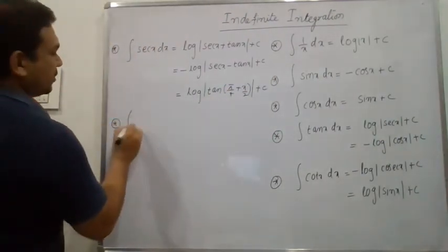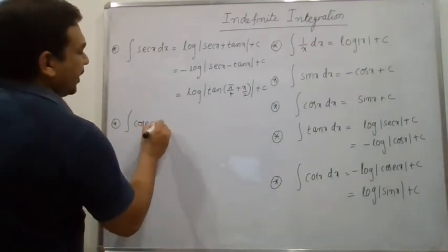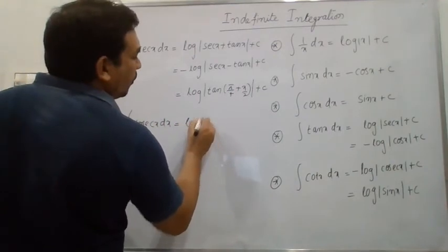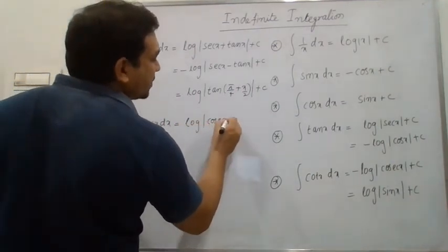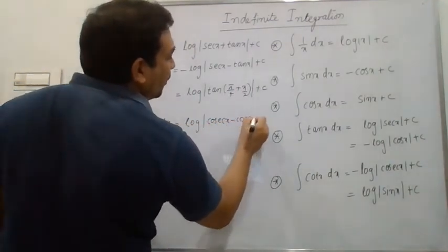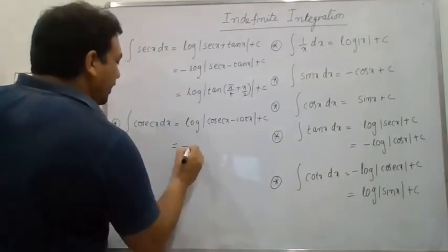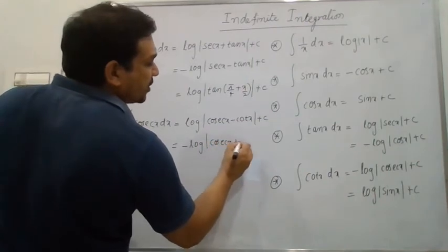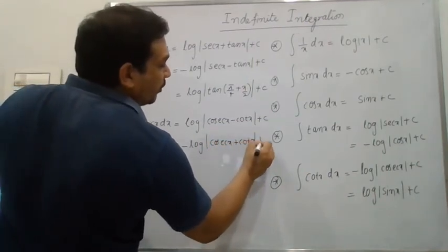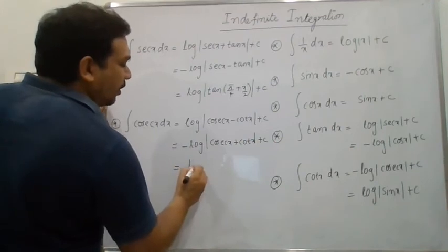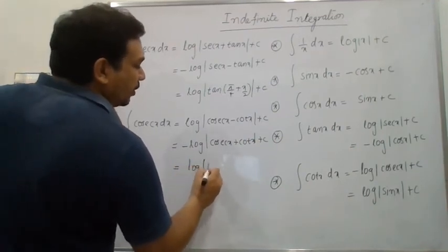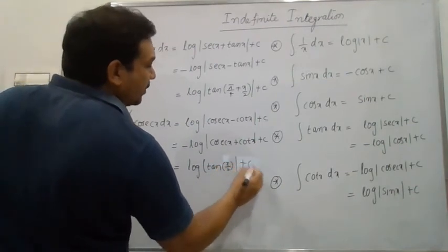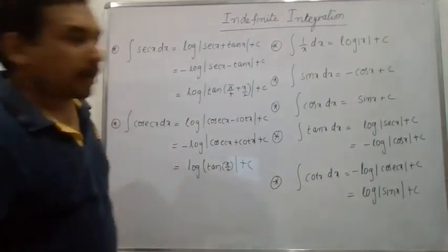We can use any answer. Integration of cosecant x dx is log of mod cosecant x minus cot x plus c, or minus log of mod cosecant x plus cot x plus c, or we can write log of mod tan of x by 2. Whichever you write, all those are correct only.